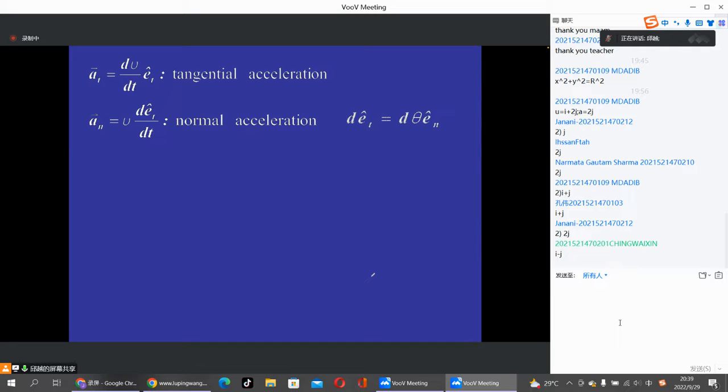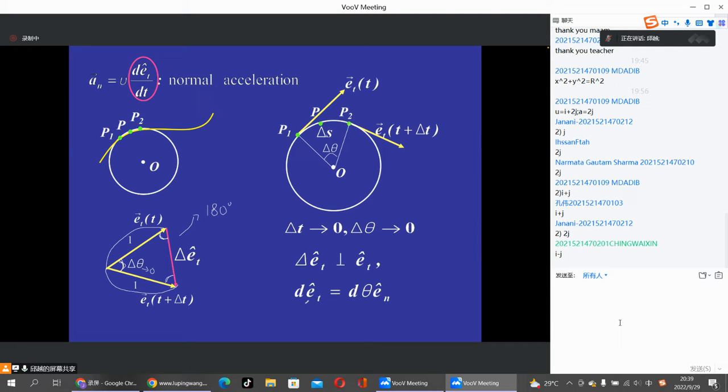It means det equals d theta en. Okay, this distance is very close to d theta. I hope you can understand.